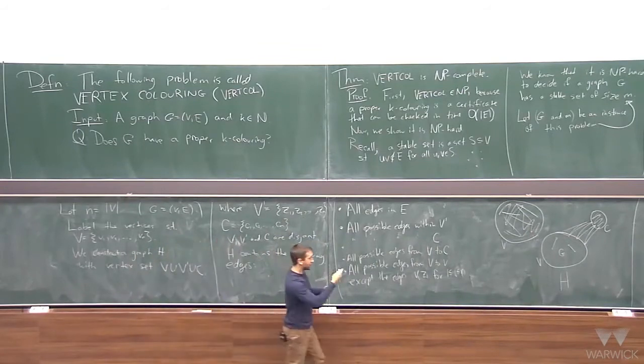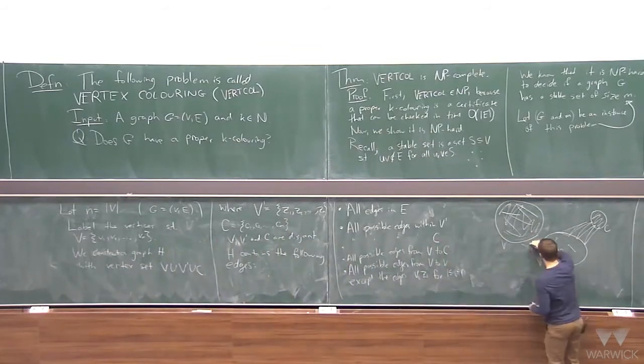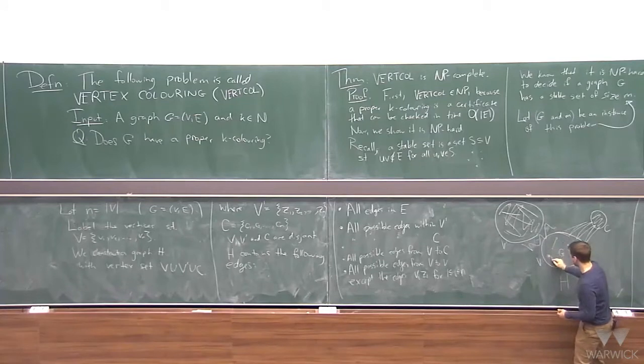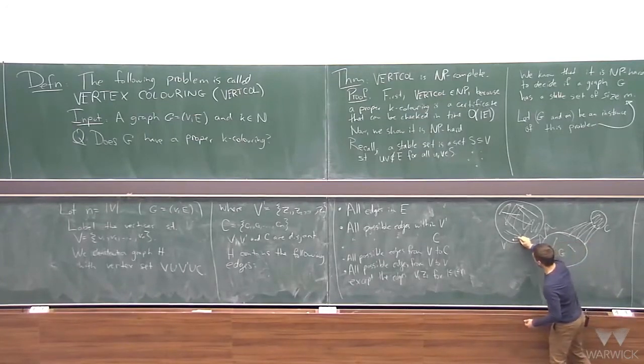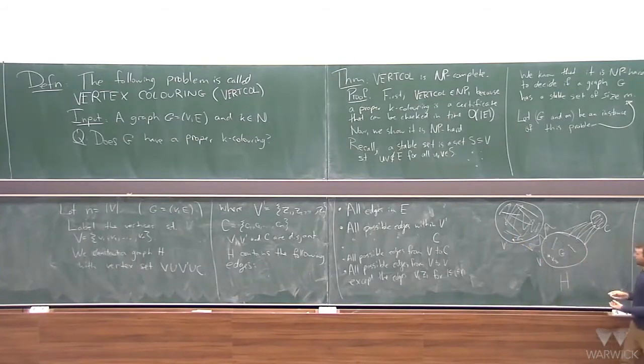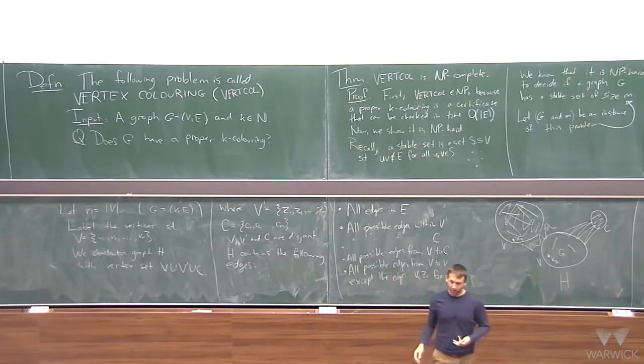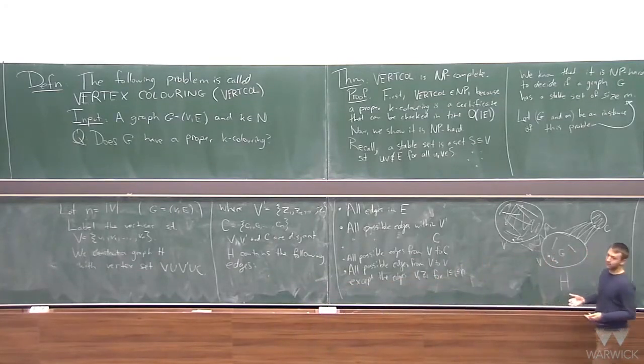So I put all the edges from here to here, except, for example, if I have V3 here and I look at Z3 here, there's no edge between them. That's the same for every pair which have the same index. Okay, so now, what do we need to prove? First of all, one thing that should be clear is that this construction only took polynomial time, right?